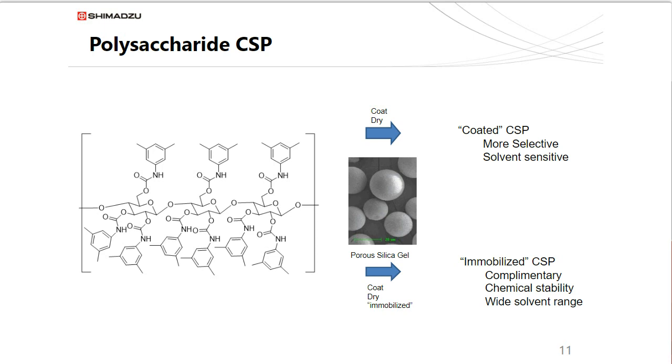They're not exactly the same as the coated CSP. A lot of manufacturers will refer to them as complementary. This is because the immobilization process changes the configuration a little bit, giving it slightly different selectivity. The upshot of that is they're very chemically stable to a wide variety of solvents, even DMF and DMSO.